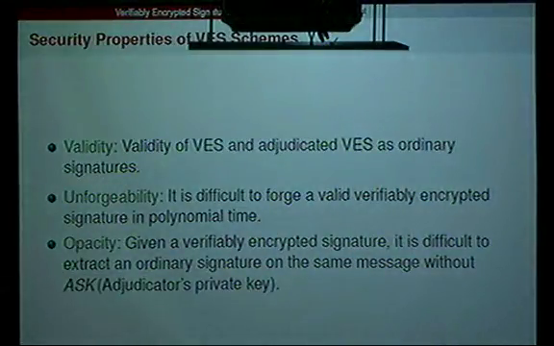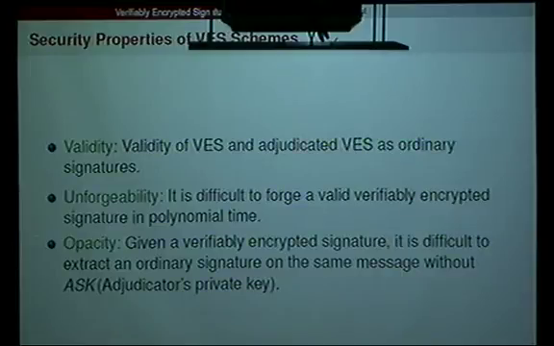In VES schemes, safety is first to verify the validity. The meaning of validity is two things. The first one is the validity of the VES, and the second one is the validity of the adjudicated VES.